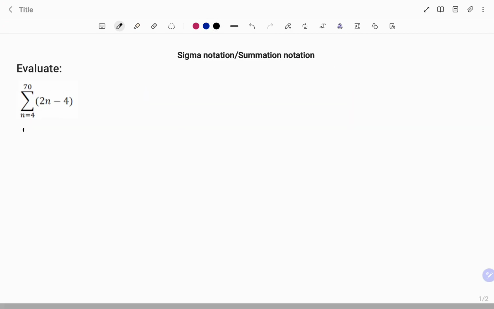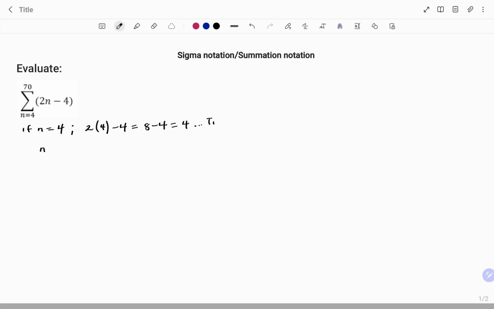So if n equals 4, then using the nth formula 2n minus 4, we have 2, where n is replaced with 4, minus 4. That will be 8 minus 4, which will be 4. That's the value of our first term, T1.